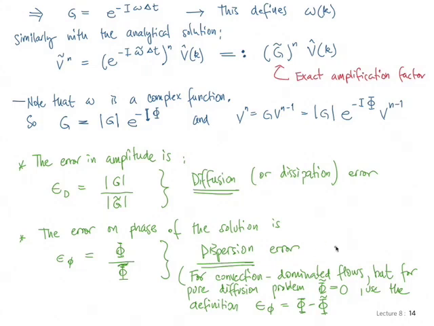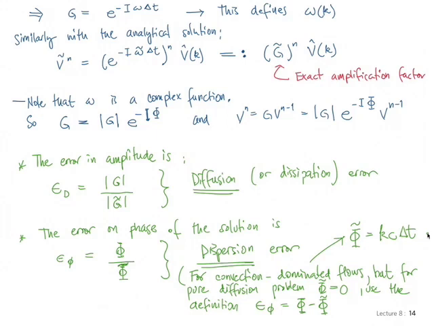For the convection equation, of course, phi exact is equal to k c delta t. C delta t is how much the solution is moving in each time step. The exact analytical solution should move at that rate.